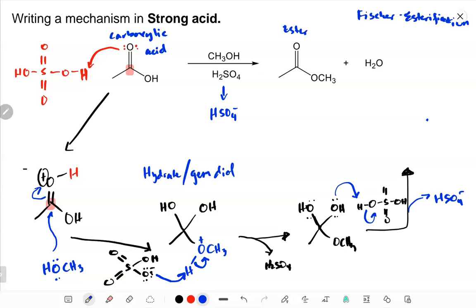And so you have, now you have an OH2 plus. And you'll end up getting this positively charged intermediate.